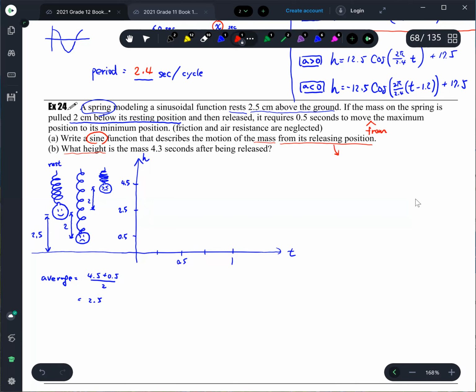So this means you want to start at minimum, okay? Because you start by pulling it down and then let it go, right? So you start bouncing. So it starts at the minimum place and then goes up, right? So that's half the trip, right?